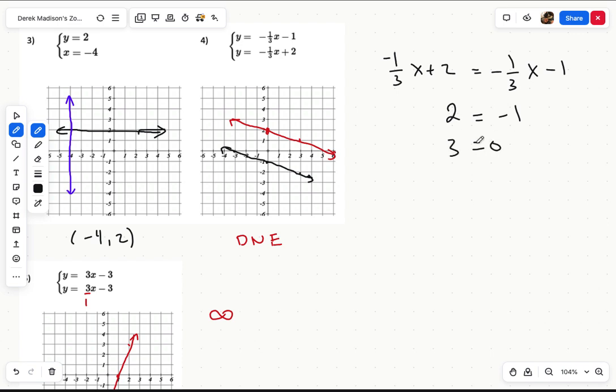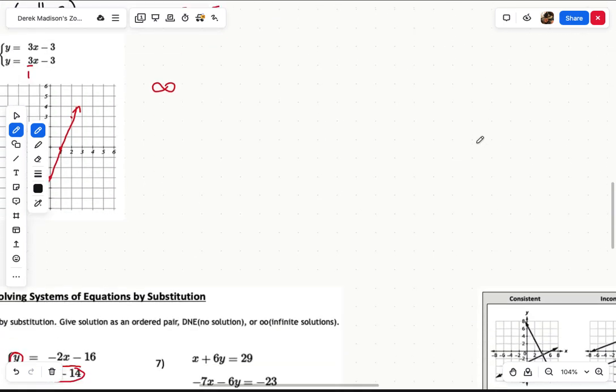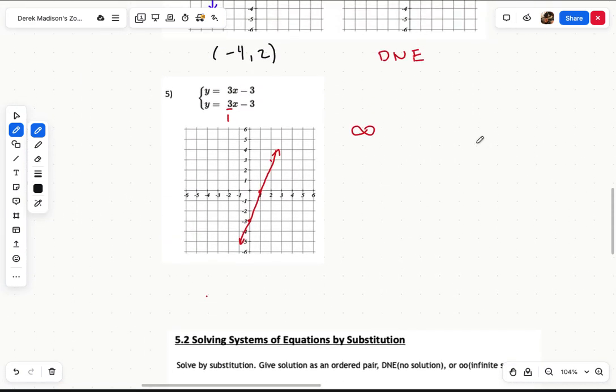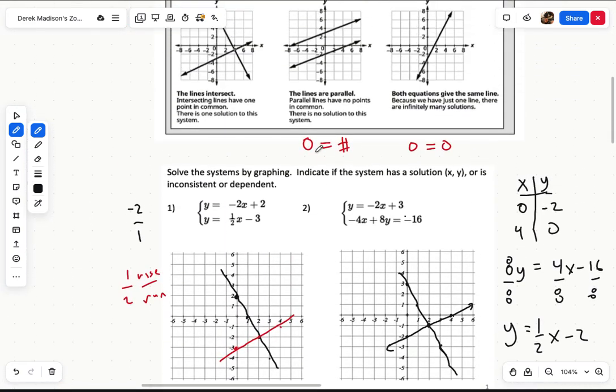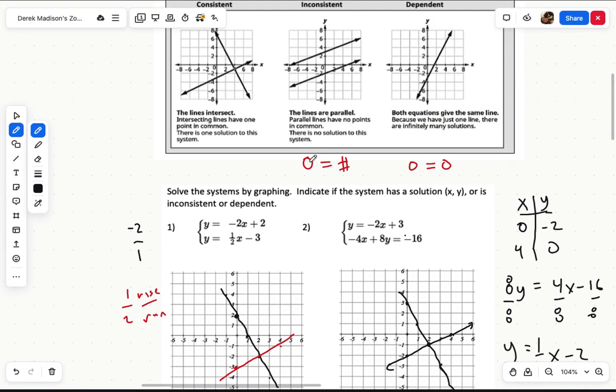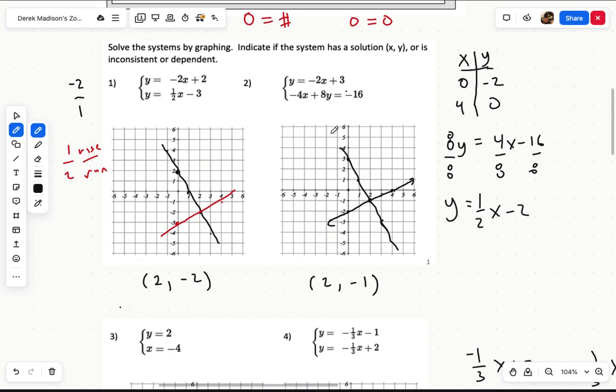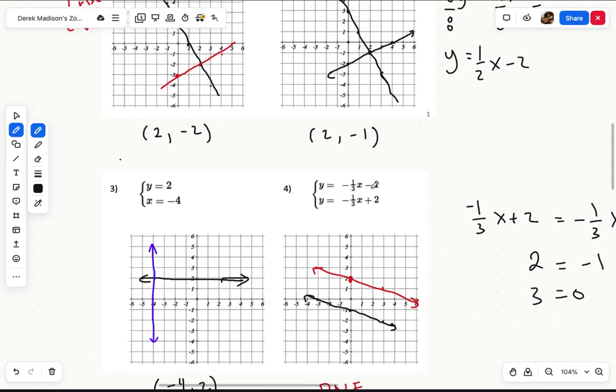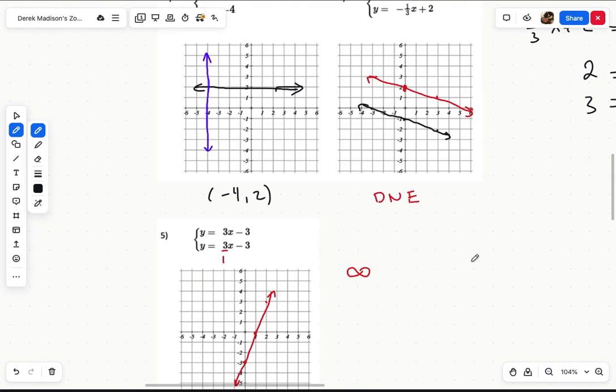But as soon as I get that false statement, that's where we'll get 0 equals a number, or two numbers that aren't equal to each other, and that's how we're going to be able to tell that the lines are parallel. We can look at the equations and know that here, but often that's not the case. So this is how we'll run into it in these next two sections.